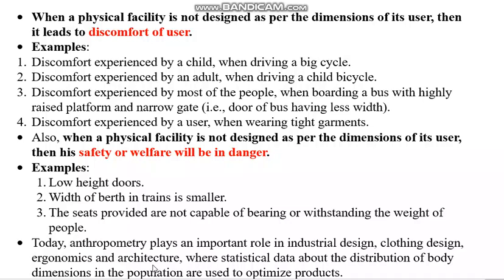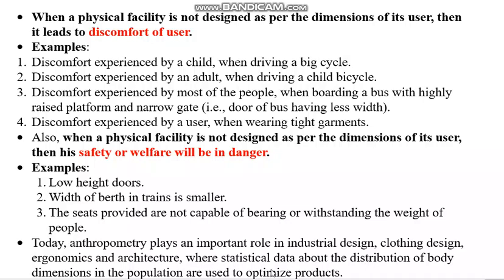So see how big your door should be, how wide it should be. Did you ever think how tall and how wide the door should be? How are we coming to these conclusions? How big it should be? It is according to the ergonomic considerations, or you can say it is according to the anthropometry considerations.